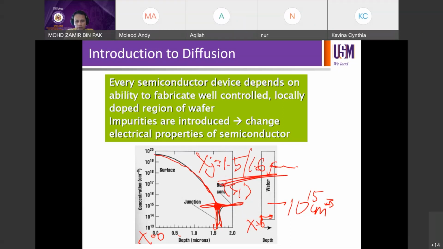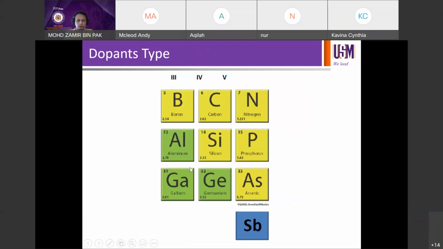So if your wafer is p-type silicon, then you diffuse, and that means this depth will be around 1.5 micron. So this is n-type silicon, right? Made of phosphorus, for example. Okay, so that's how you form it.